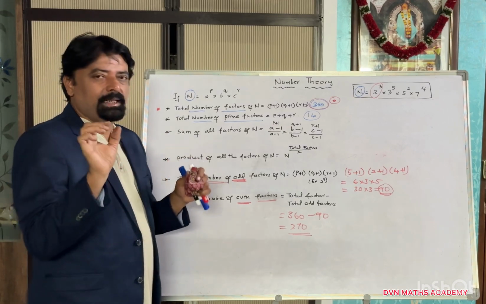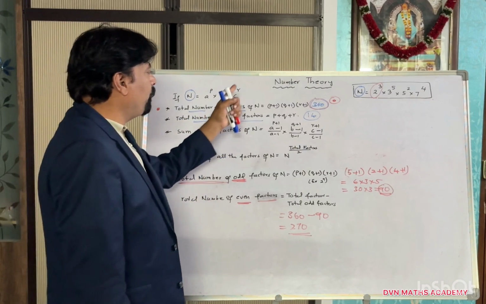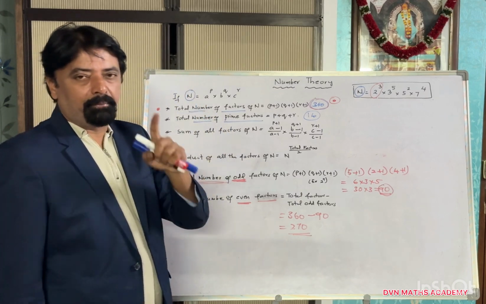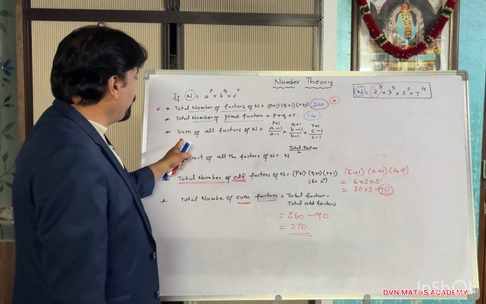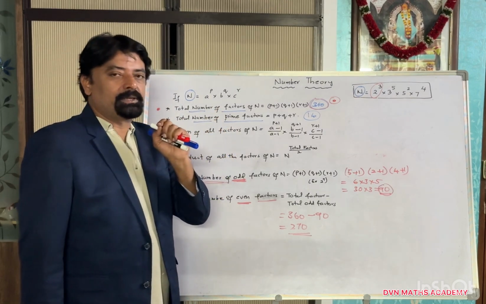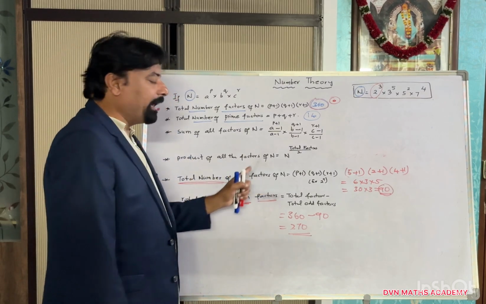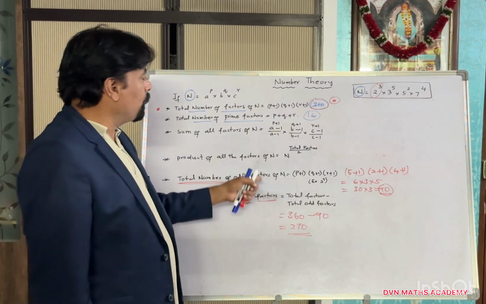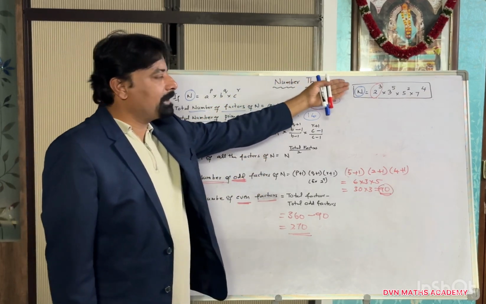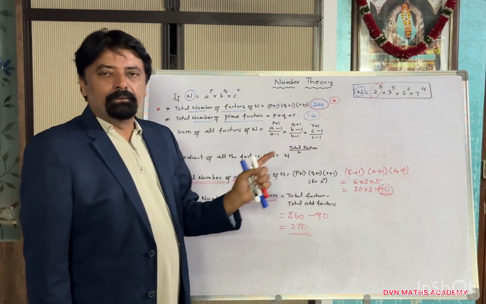In this class, I took the prime factorization of a number and how to find the number of factors of a given number, the number of prime factors, the sum of its factors, the product of its factors, the odd factors and the even factors of the given numbers. By using these important formulas on the prime factorization of the given number, you can find answers easily according to the given question.